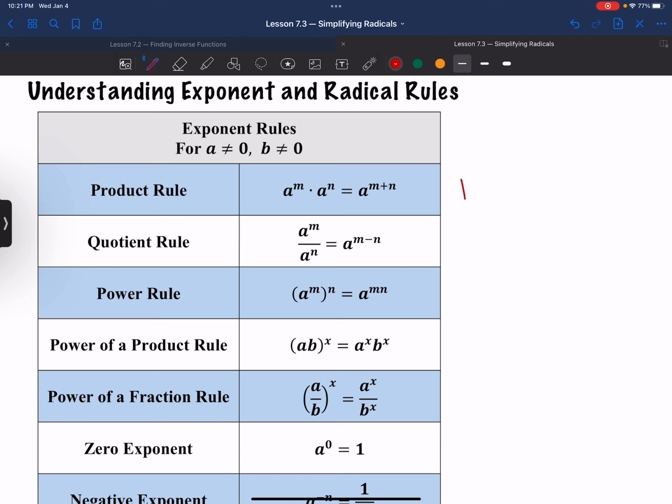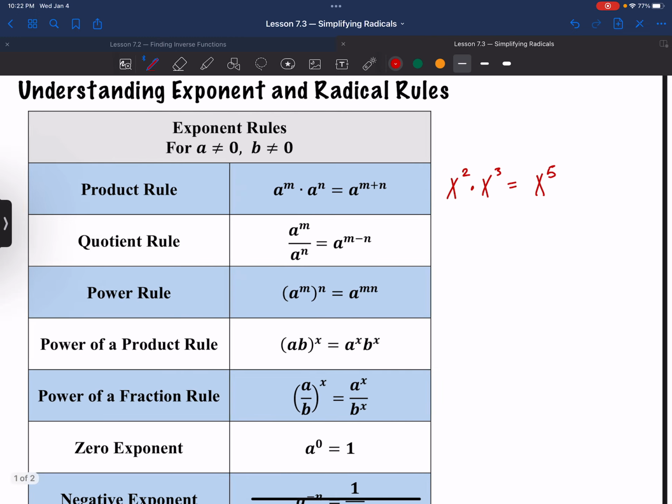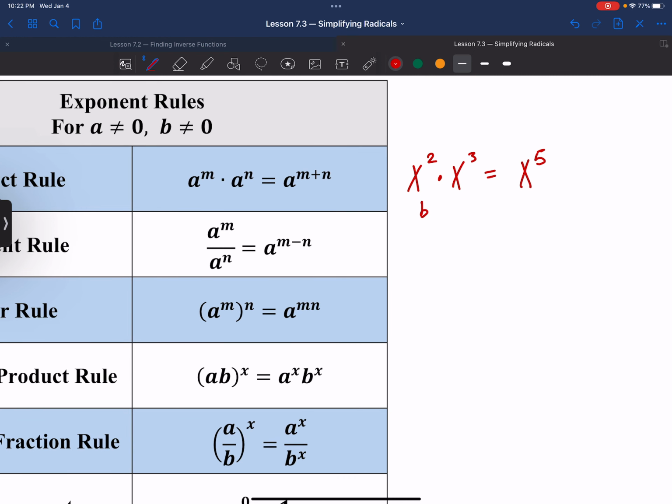This is the idea that x squared times x cubed is x to the power of 5. I'm just going to say 3 because I don't want to draw that all out. And we know this because x squared is x times x, and x cubed is x times x times x.